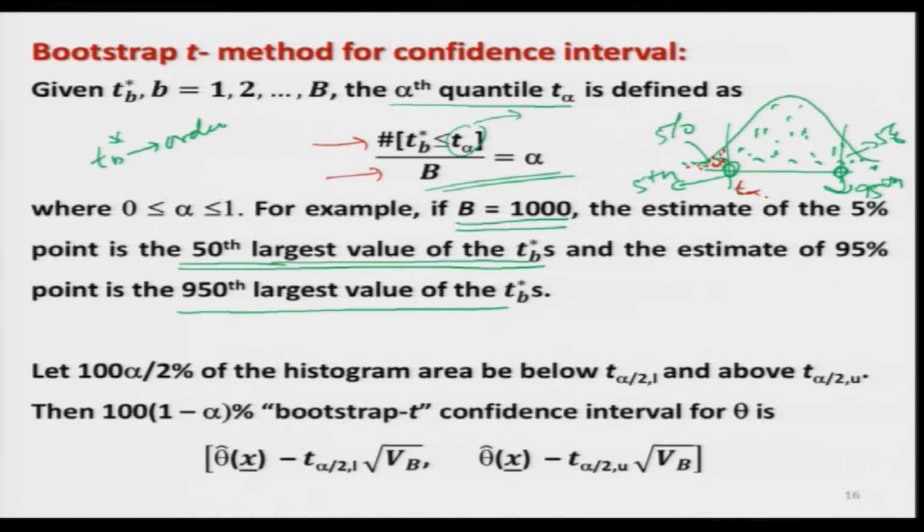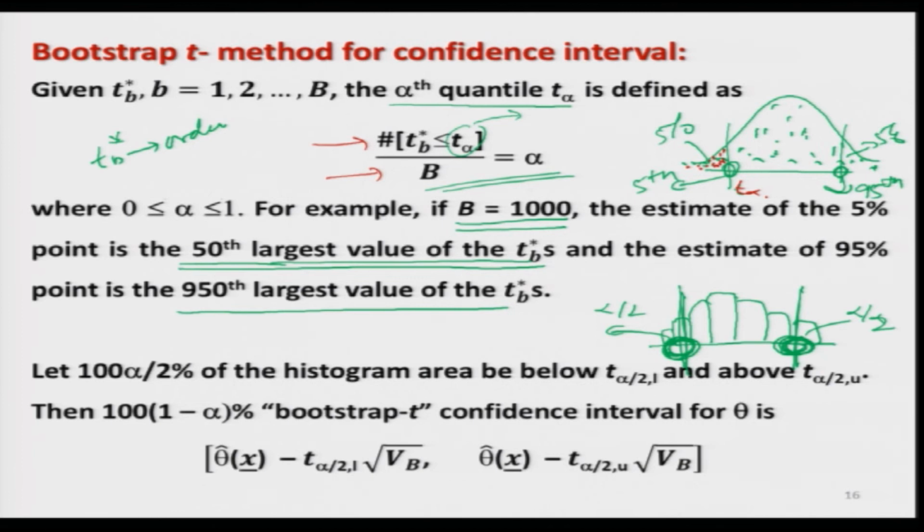Now, if I recreate this in the form of a histogram like over here, and partition it into two parts such that this part is alpha by 2 percent and this part is alpha by 2 percent, then whatever are the values on the x axis are going to give us an estimate of the T value, I mean the critical value, which looks as if it is based on the T distribution.